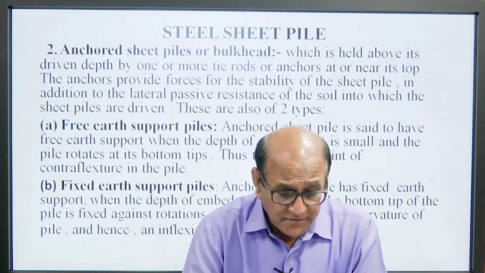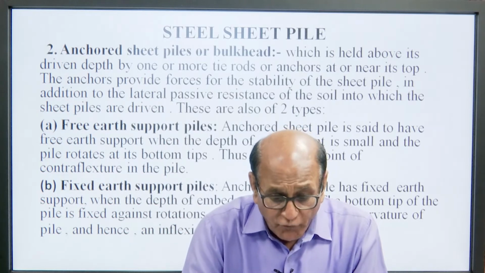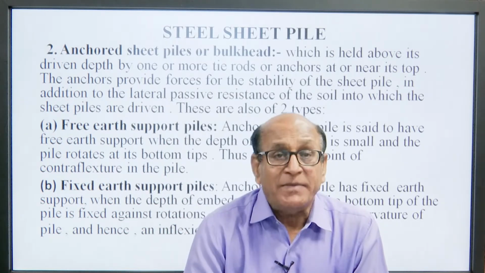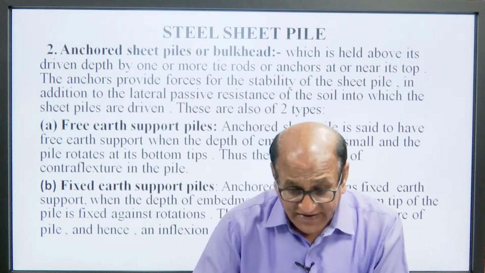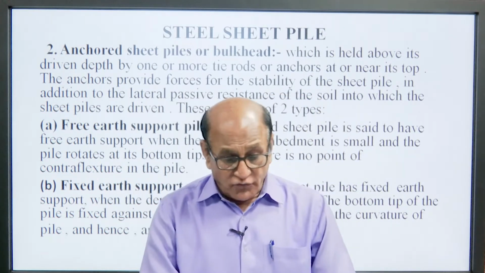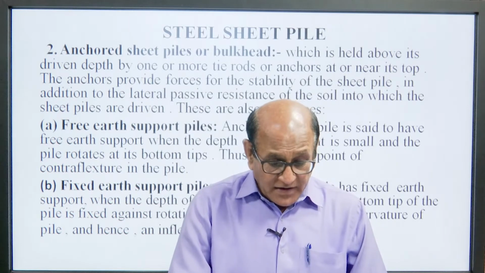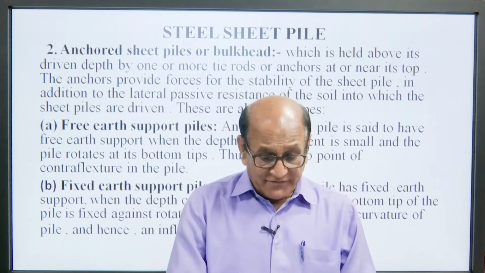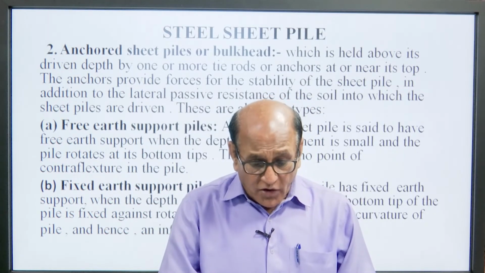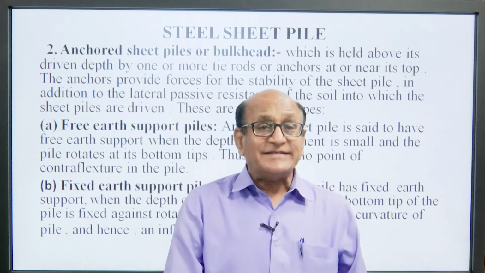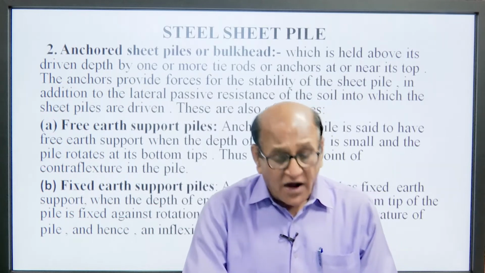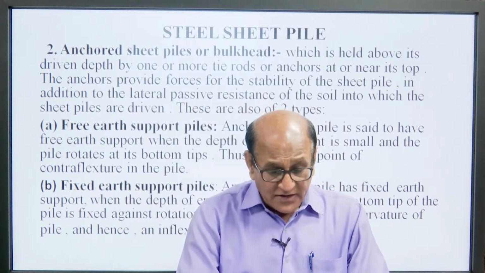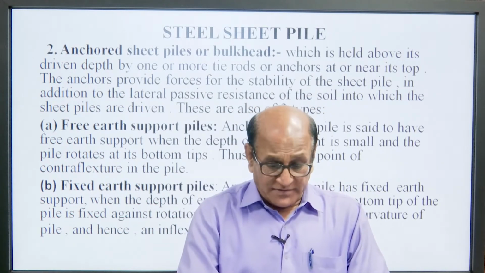The anchor provides forces for the stability of the sheet pile, in addition to the lateral passive resistance of the soil into which the sheet piles are driven. These are also of two types: free earth support piles and fixed earth support piles.